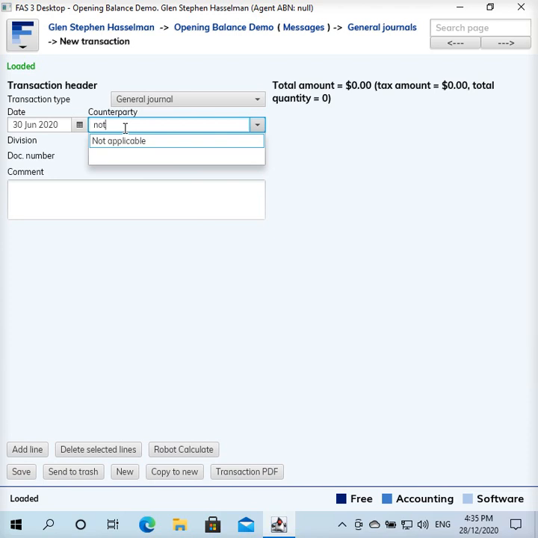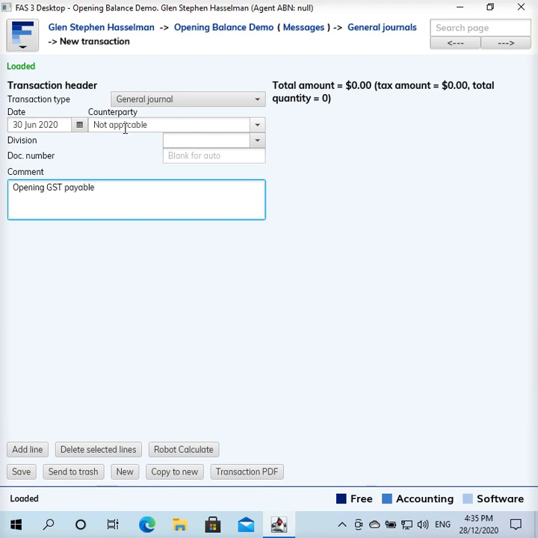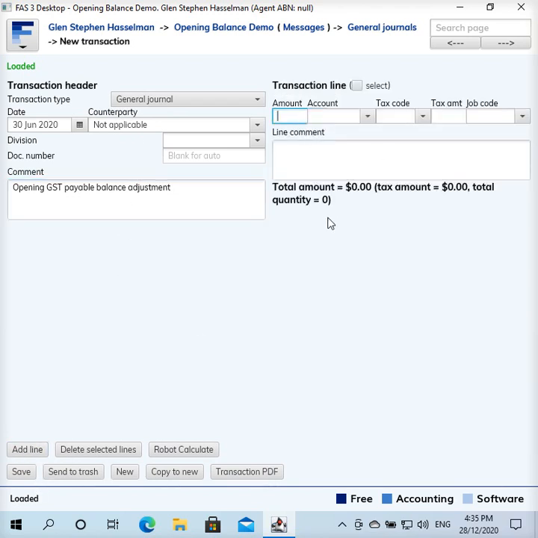Anyway, we want to just pick the not applicable and then put opening GST payable balance. Let's put adjustment to be 100% clear that this is not the full GST payable balance. Add line. Now we want to credit GST payable, so we put a minus.